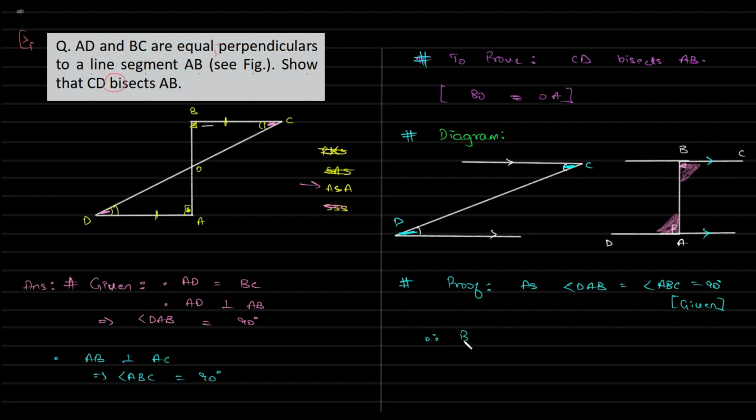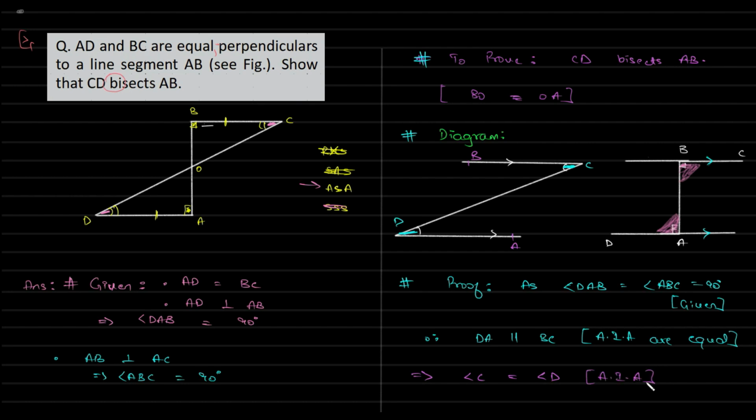Therefore DA is parallel to BC because alternate interior angles are equal. Now this implies, with transversal CD, angle C is equal to angle D. They are alternate interior angles.